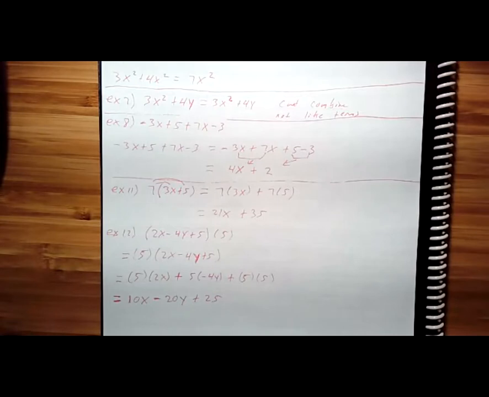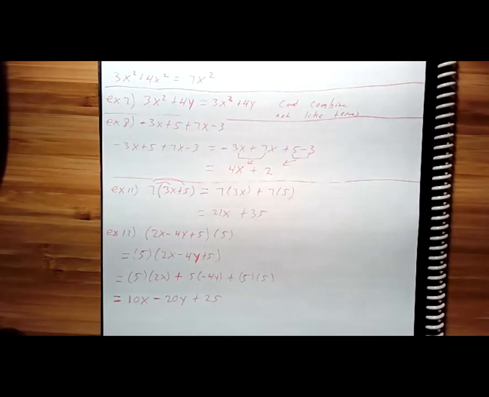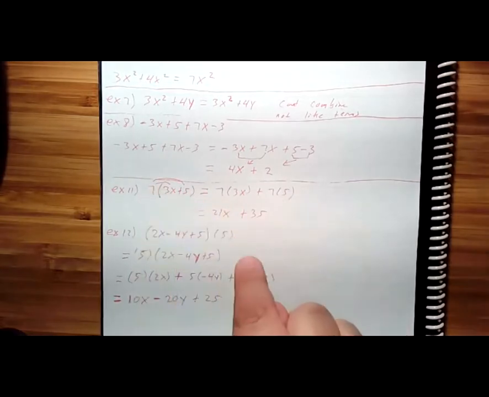Let's move on to a different topic then. So we did like terms and distribution. Let's do some more complicated distribution that will deal with signs and variables. So right now all we did was some basic numbers, right? 7 and 5.